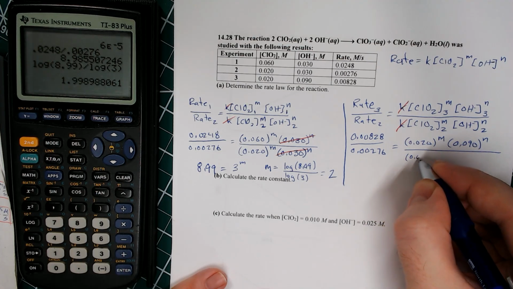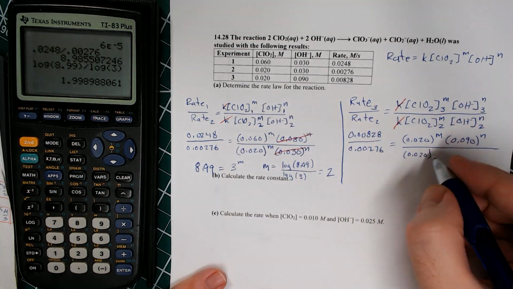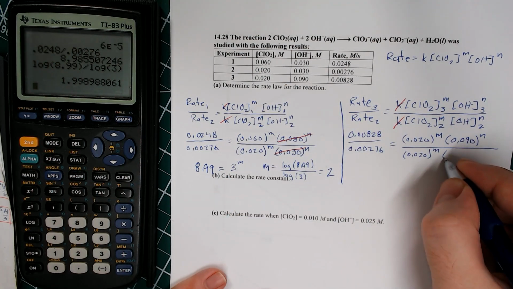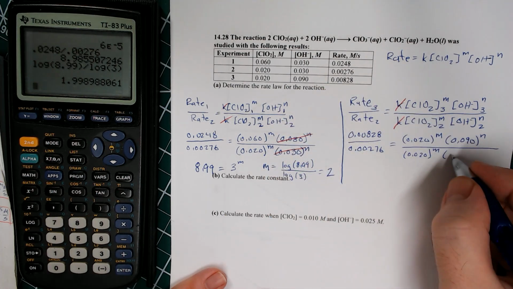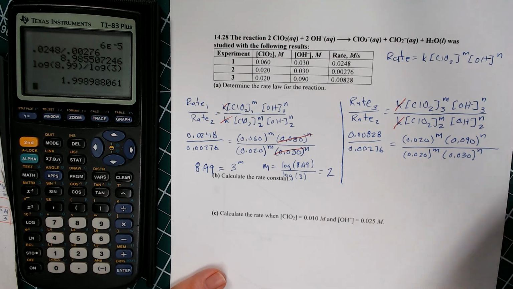And then 0.020, this is for experiment 2, so to the m power. And then for experiment 2, 0.030 to the n power.